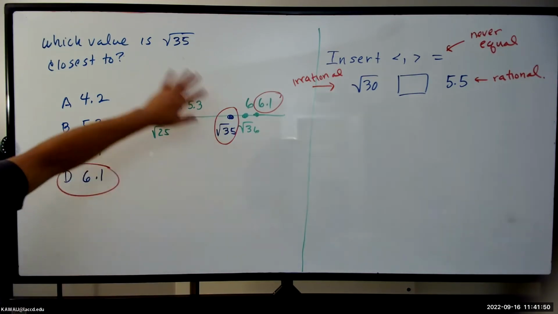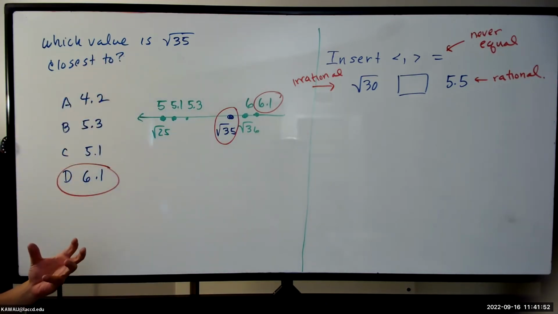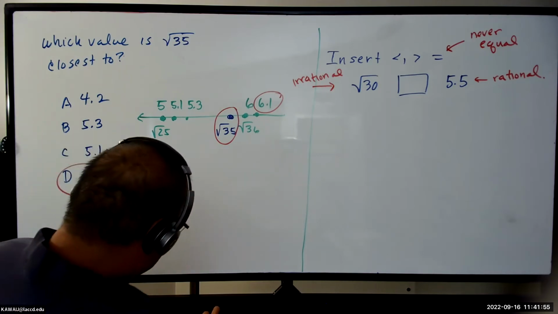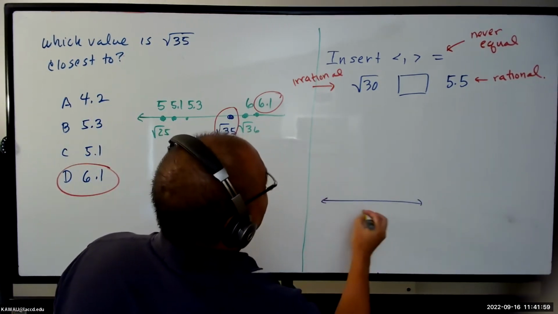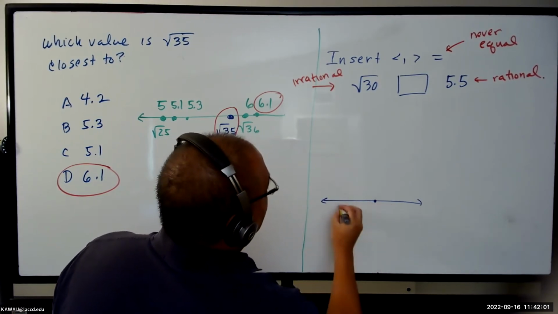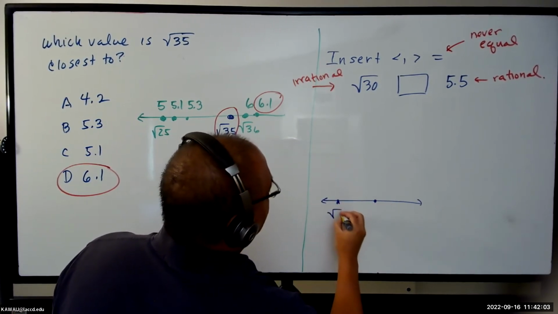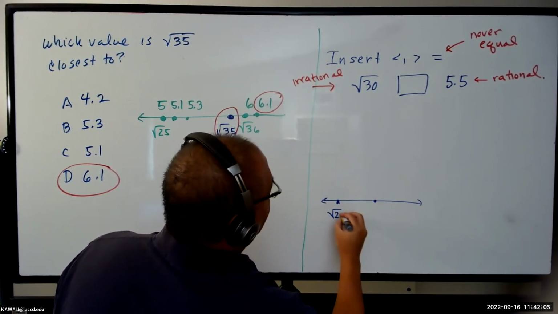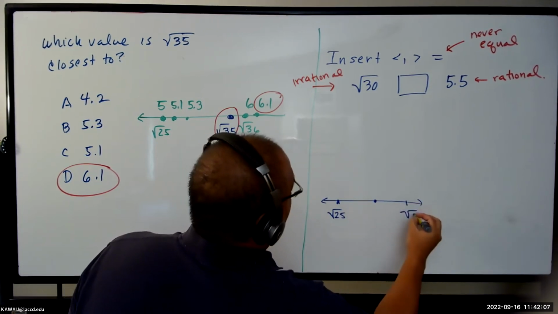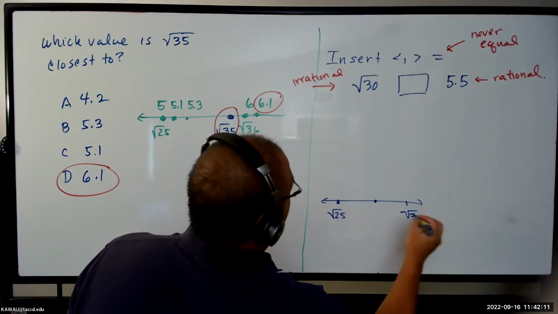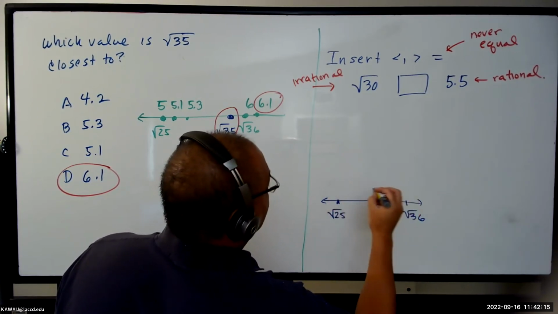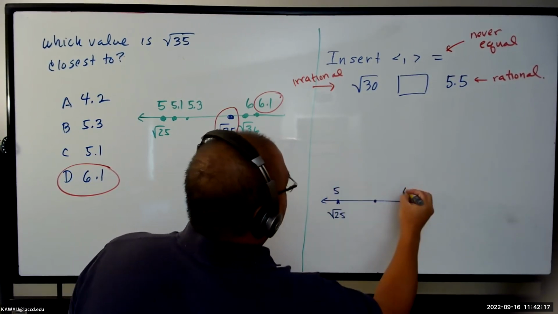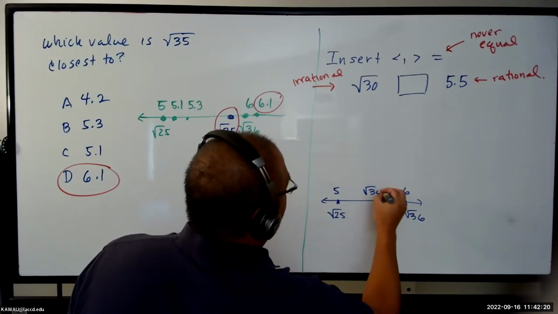Okay, but using this technique over here where you're kind of saying, okay, I have my little number line. I have square root of 25. I have square root of 36. And then I have 5. I have 6. I have square root of 30.